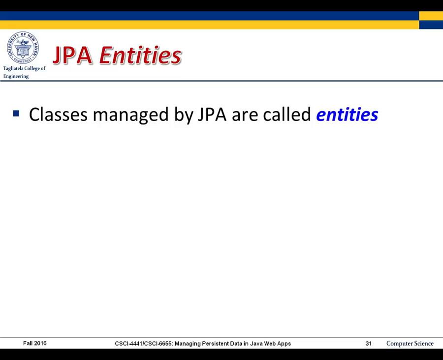So, the concept of entities, that is the terminology JPA uses for the classes that you define as the mappings. Remember, we're talking about ORM, object relational mappings. So the entities represent those mappings.